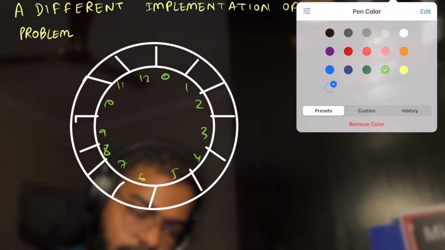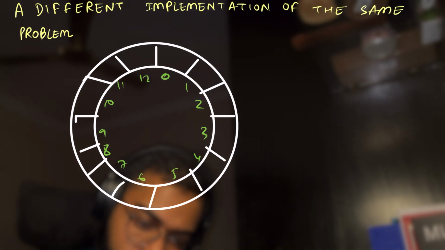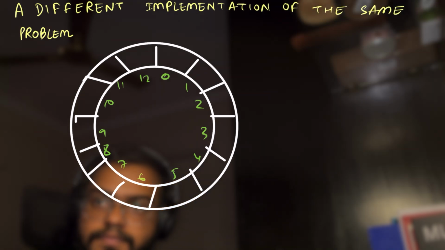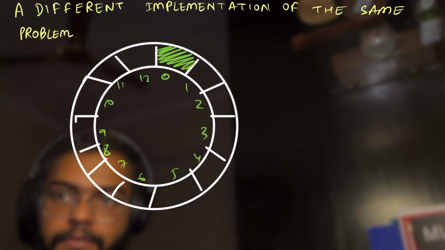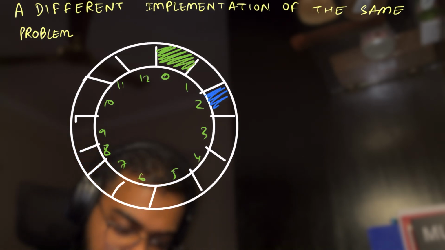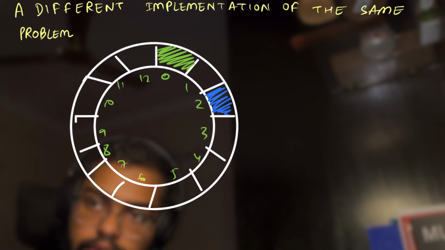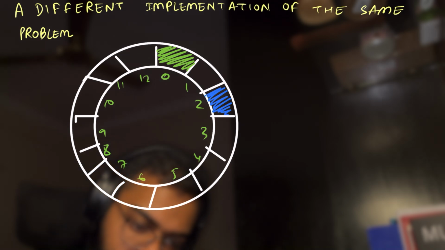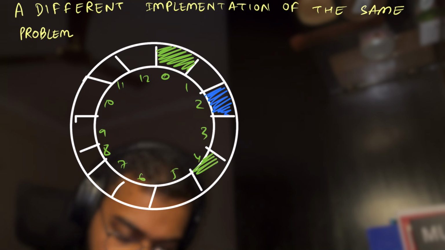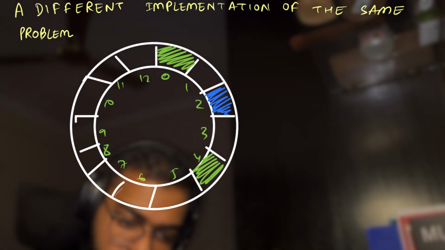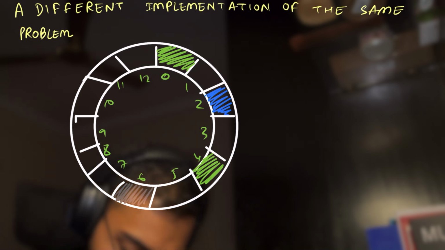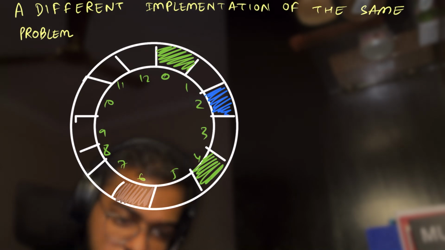So we have our server at position 0. Then we have another server next to it. Then again we have our previous server, this is the second instance. We have another server. This is our third server.